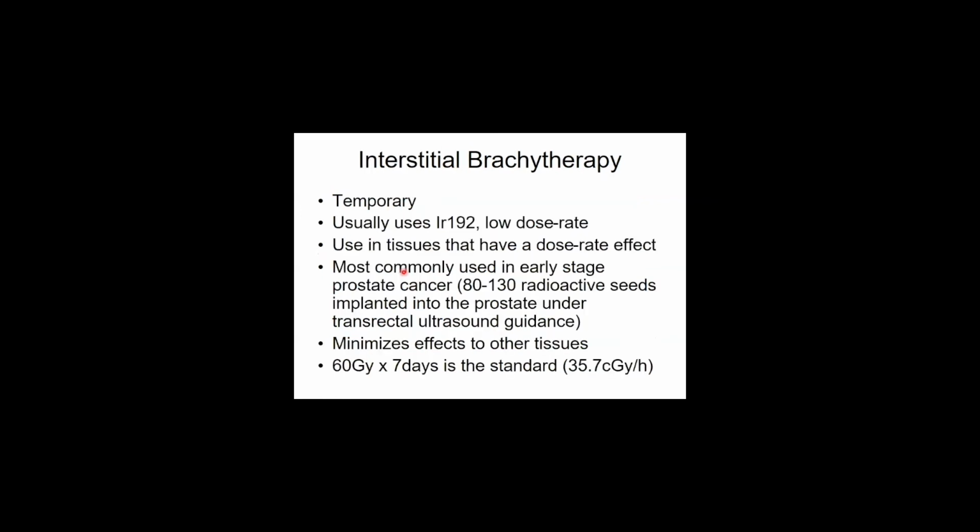Exactly the same thing with interstitial brachytherapy. Again, usually using iridium these days, normally using it for prostate as the most common, where 100 or so radioactive seeds are implanted in the prostate. Again, it's the same idea. You're trying to minimize toxicity to the bladder and the rectum.